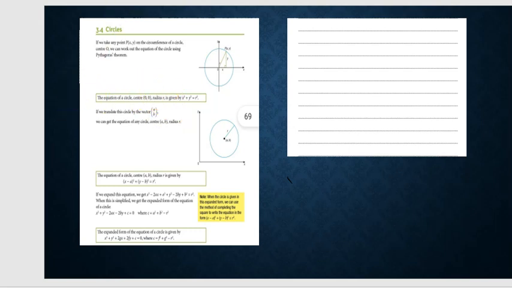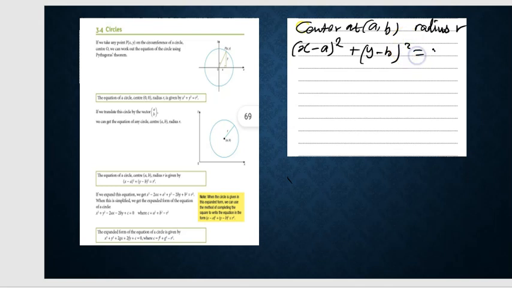First of all, we are going to consider the standard equation. So if we consider the standard equation of a circle with center at (a, b), so if we take the center of the circle to be at a, b as the coordinate, in terms of this, the equation of a circle with radius, let's say that you have the radius r, then it means that we are going to have (x minus a) squared plus (y minus b) squared, and this is equal to r squared.